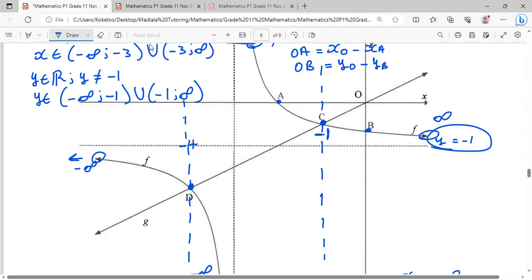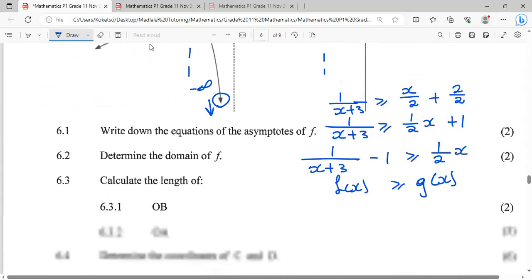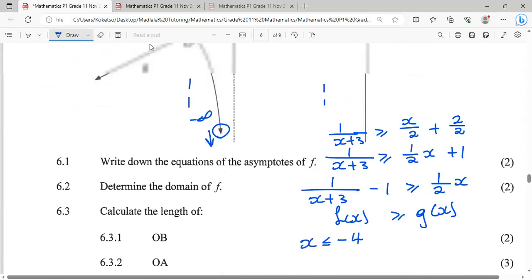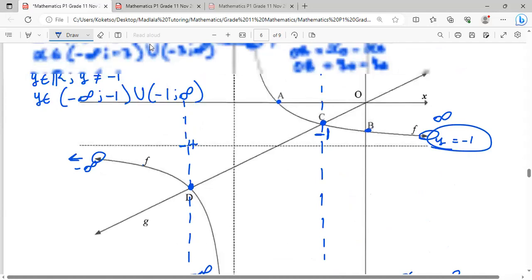So we are telling them if they want to know the values of x for which f of x is greater or equal to g of x, the first solution is any value of x that is less or equal to -4. Because from negative infinity up until -4, the function f is above that of g. And at exactly -4, they are equal. So we include -4. Fine stuff.